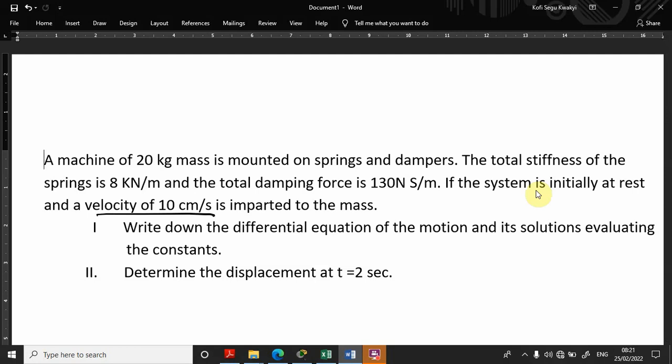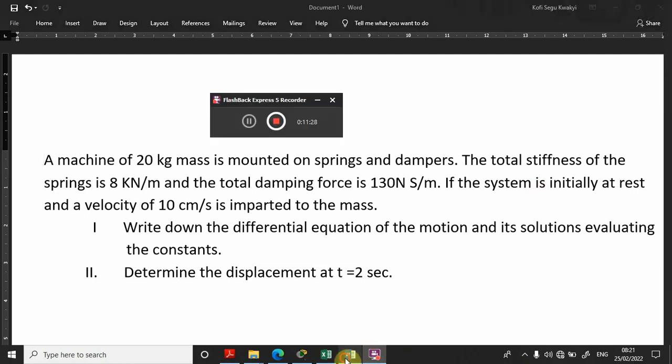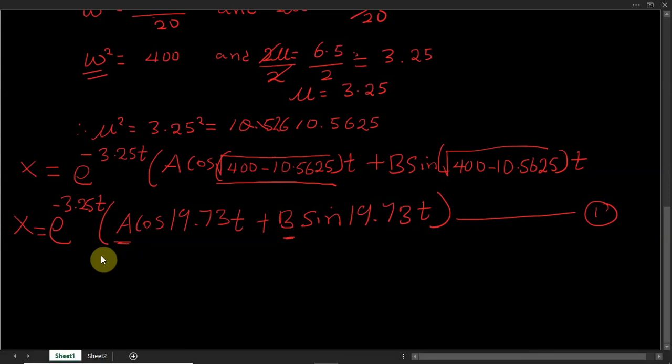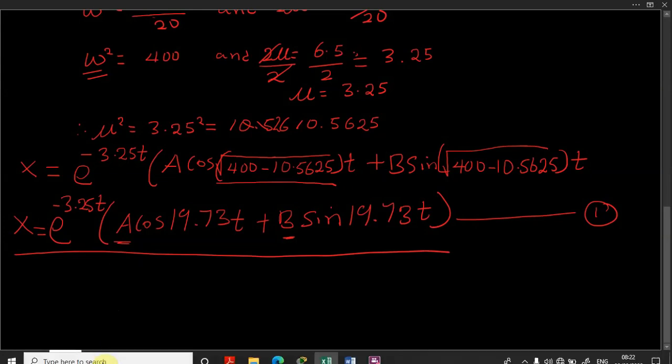That is one thing you must also take note of. It means that we have to differentiate this solution to get the velocity. So how do we differentiate this to get the velocity? Right. So now let's write this and see.